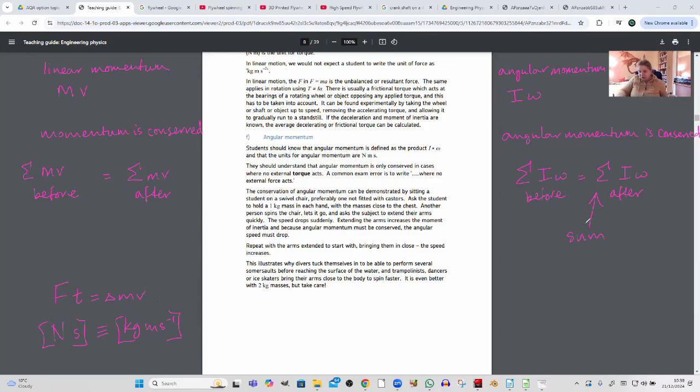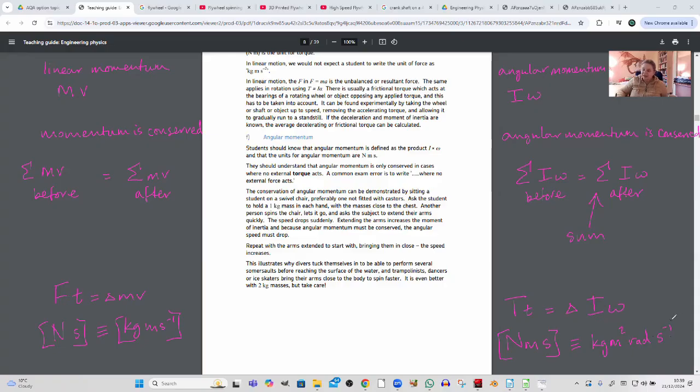Well, we've got the same thing over here. This is torque times time, and that gives us our change in angular momentum. So we've got Newton meters seconds there, and that is equivalent to I, which remember was kilograms meters squared, because I is mr squared, or the sum of it. And then the angular speed is the angle, rads, per second.